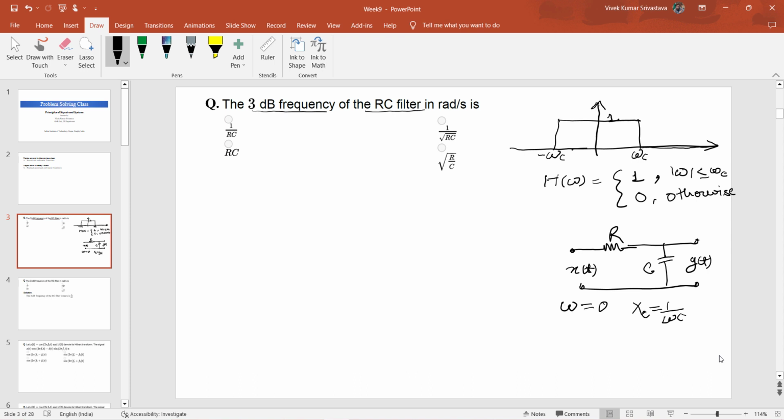At omega equal to 0, this value of Xc will be infinite. It means that it is open. So whatever input is applied at the input side of this RC circuit, the whole input will be obtained at the output. So at low frequency it passes all the input to the output.